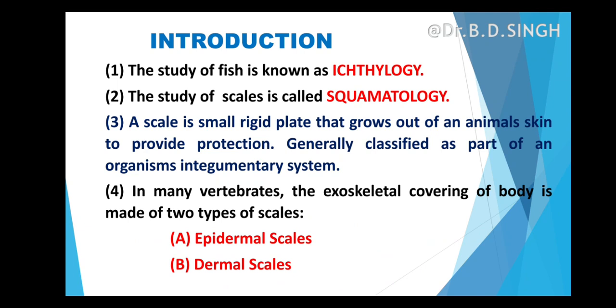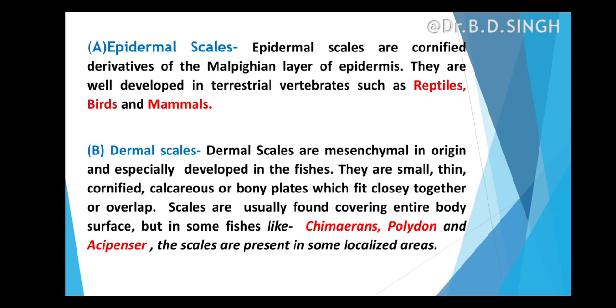In many vertebrates, the exoskeleton and covering of the body is made up of two types of scales: epidermal scales and dermal scales. A. Epidermal scales. Epidermal scales are cornified derivatives of the Malpighian layer of epidermis. They are well developed in terrestrial vertebrates such as reptiles, birds, and mammals.